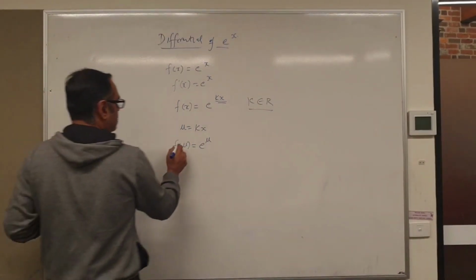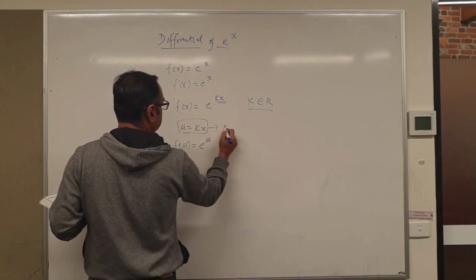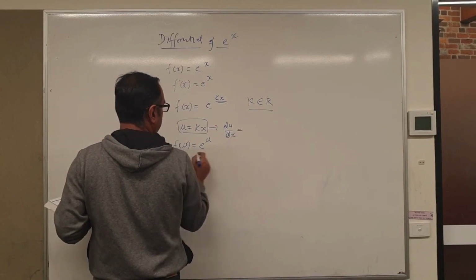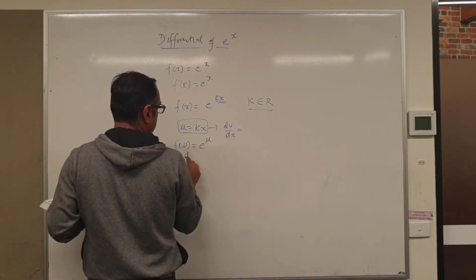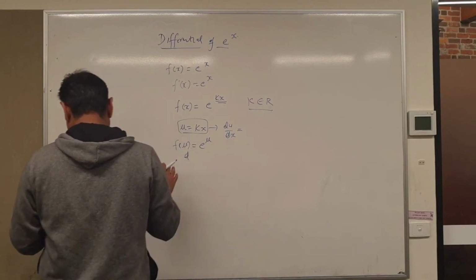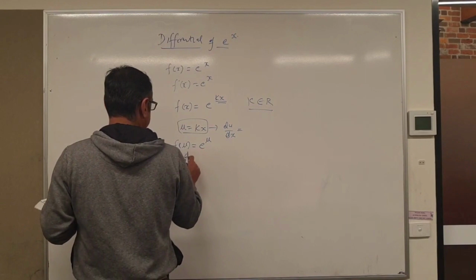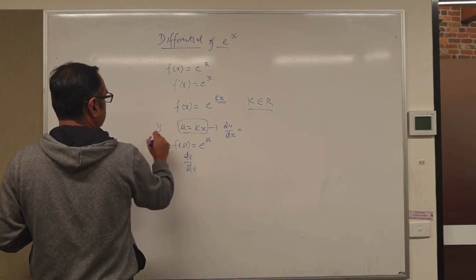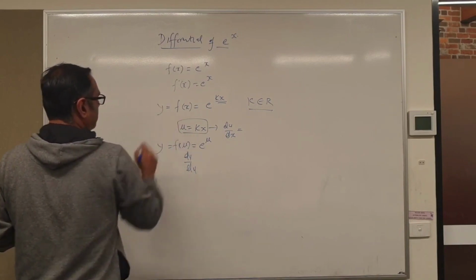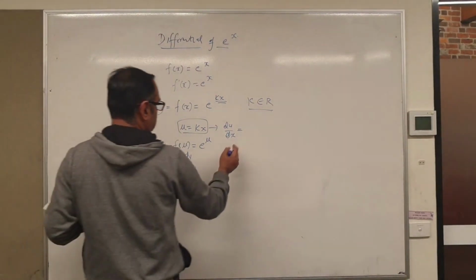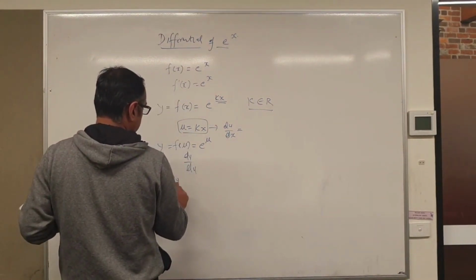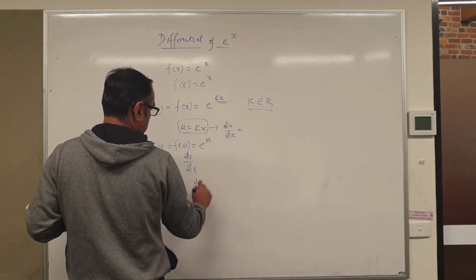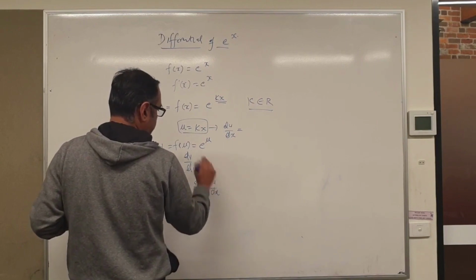Here I will find du by dx, and then dy by du, because this is nothing but y. And then I just multiply them, so my dy by dx is dy by du times du by dx.